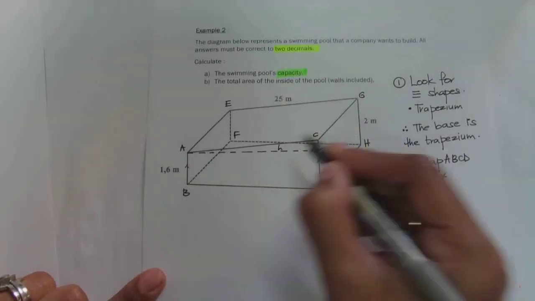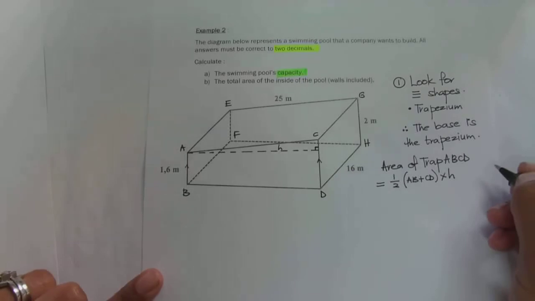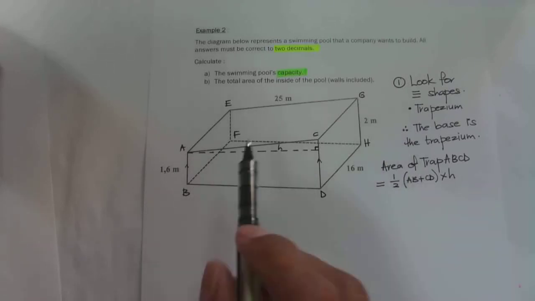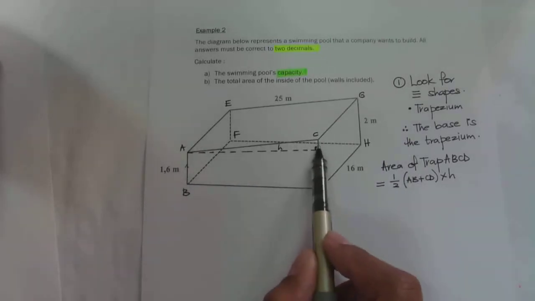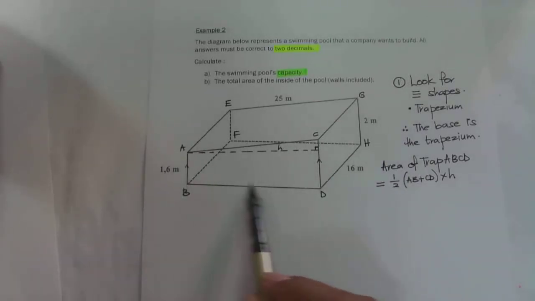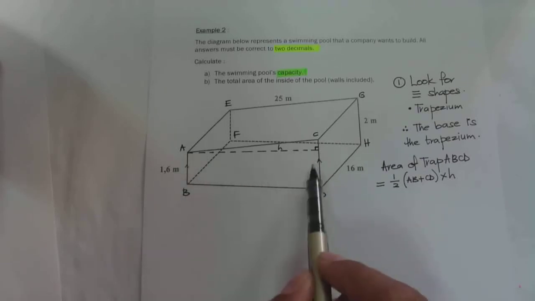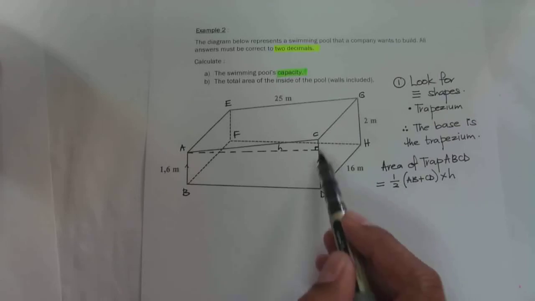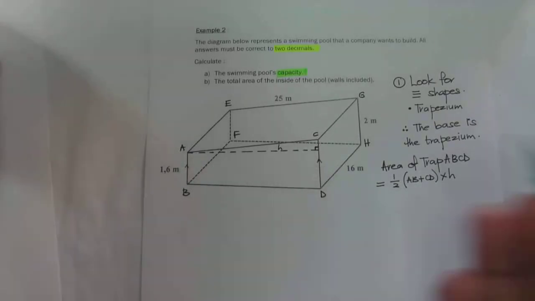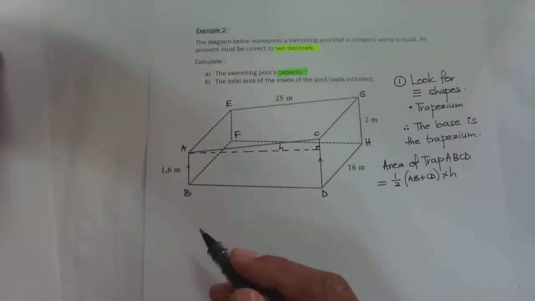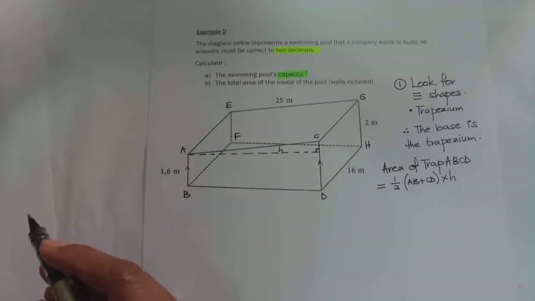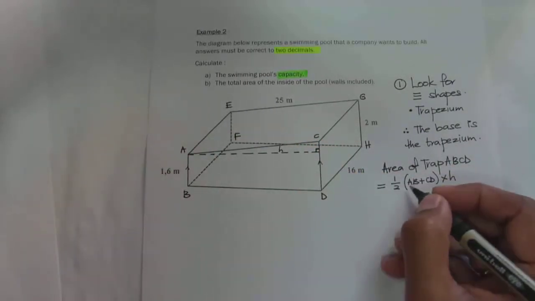So I'm just going to put height there, H. The height is the distance between the two parallel sides. Or as I said, you could work out the area of this triangle and that rectangle, and then add them together and that will give you the area of this trapezium, which is the base of the shape. And we need the area of the base to find the volume or the capacity.